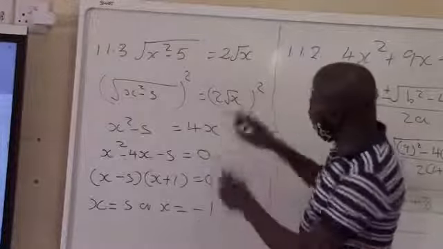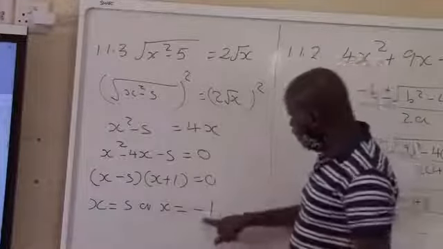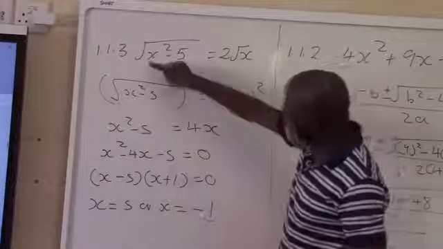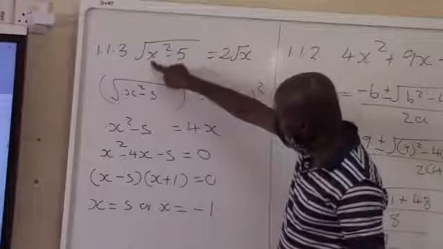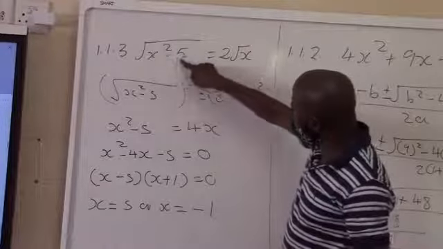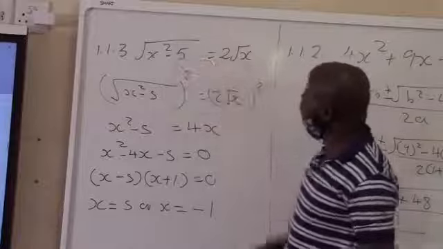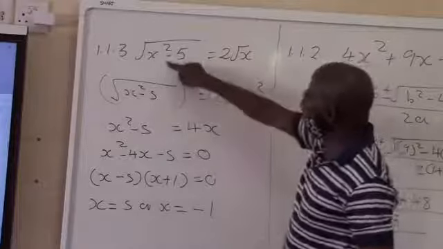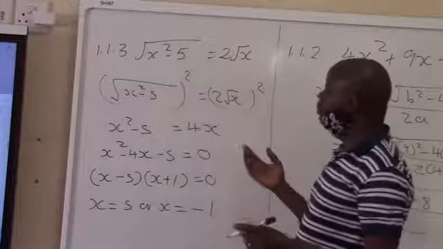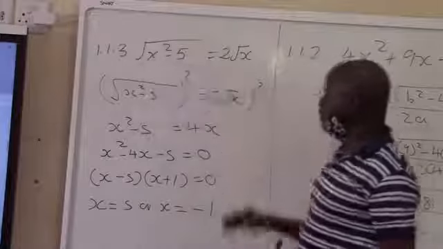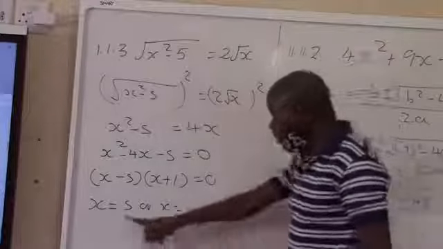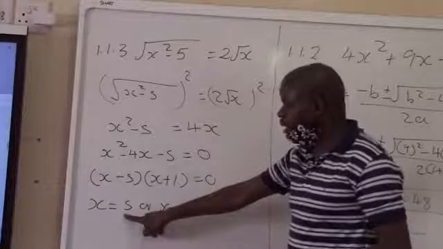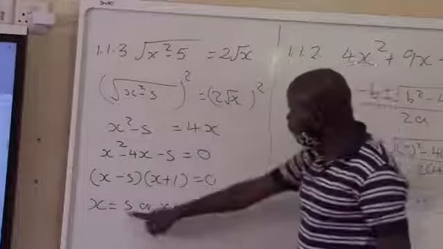But before we check using calculators, we can check with the 1. The 1 here is positive 1. So 1 minus 5 is negative 4. If it's negative 4, it's already out, because the square root of a negative number is non-real. So we are left with 5.